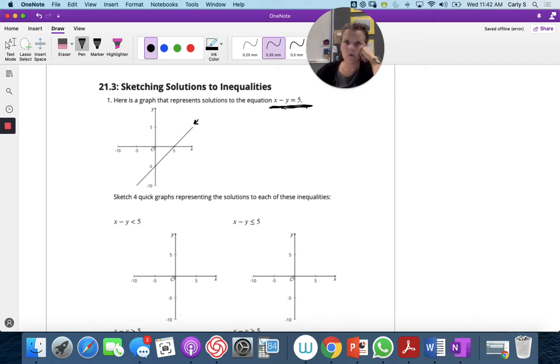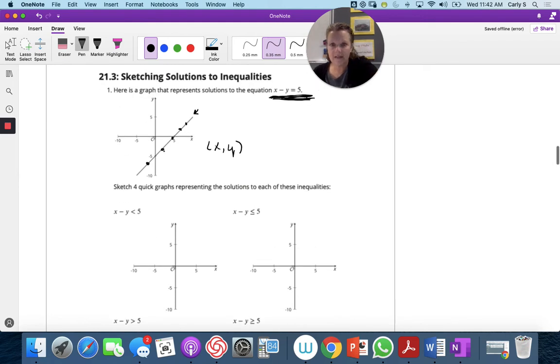I could put infinite numbers of dots that make up this line, and every single dot represents an ordered pair, and every single dot is a solution to this linear equation.